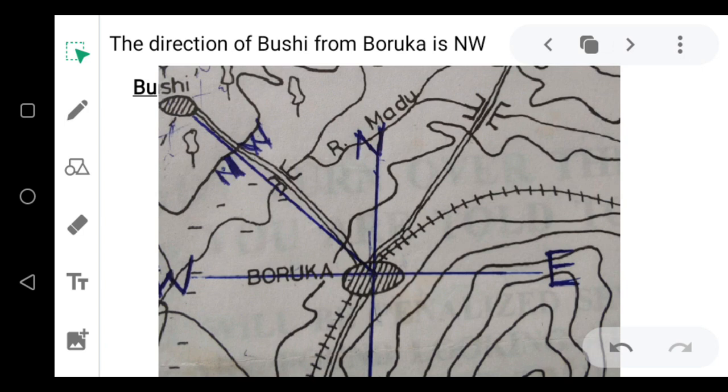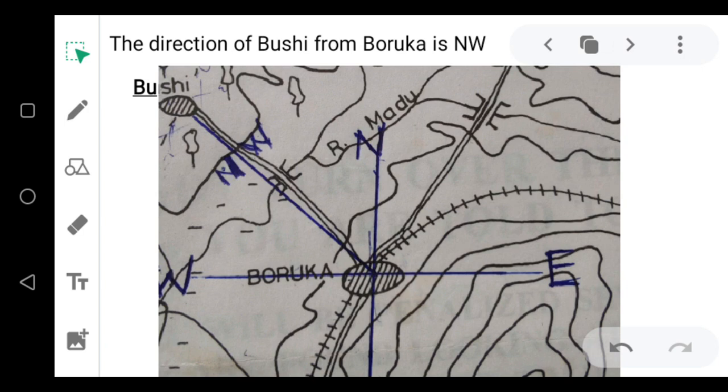Can you see? North, south, west, east. Then join Boruka with Bushi, with a line. Now from what we see here, Bushi is in between north and west. So the direction of Bushi from Boruka is northwest. It's very, very clear.